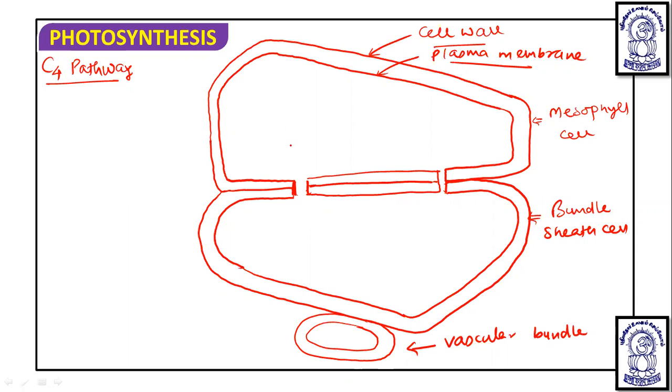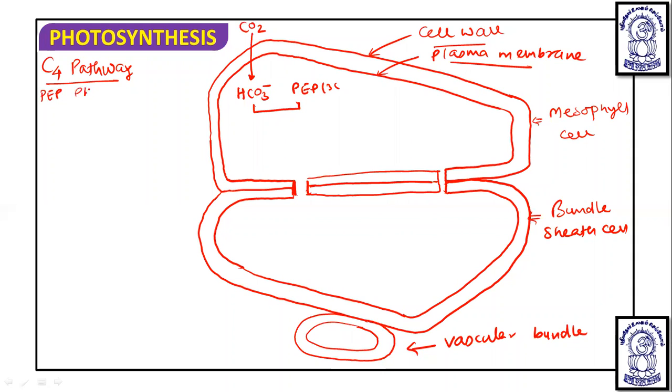Now what happens, first of all, the atmospheric CO2 gets inside the mesophyll cell, and this CO2 is converted into HCO3 minus, and this HCO3 minus reacts with PEP, that is phosphoenol pyruvate, which is of 3 carbon. Okay, so what is PEP?